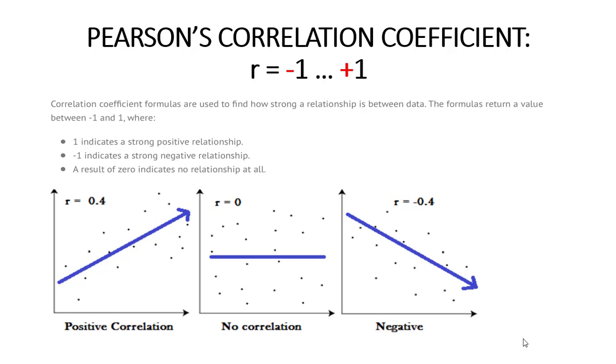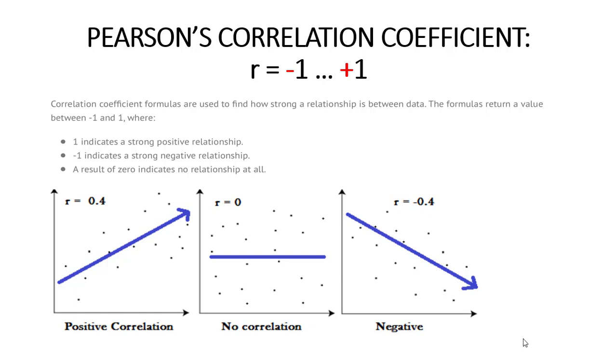The last diagram on the right is a negative correlation, also of -0.4. Now, as you can see, in this case, the line goes down. And when there is no correlation, then in that case, we will just get a straight line, and in that case, we will say that R, this is Pearson's correlation coefficient, is equal to 0.